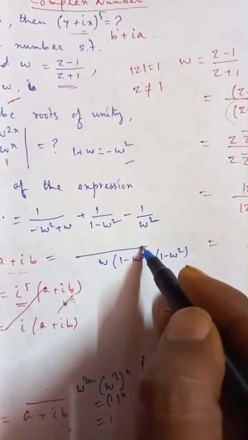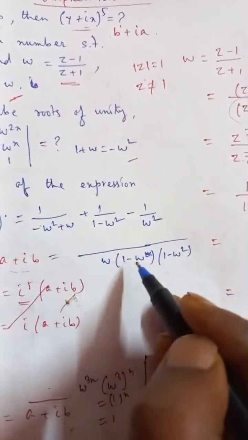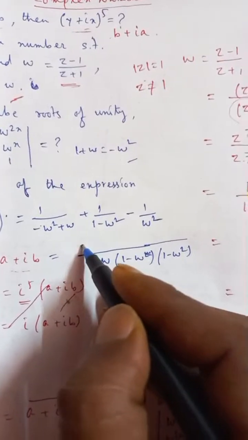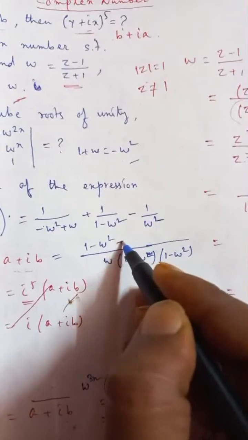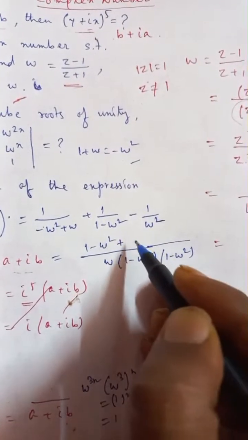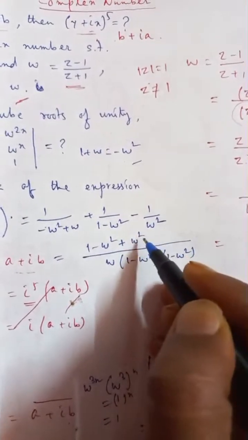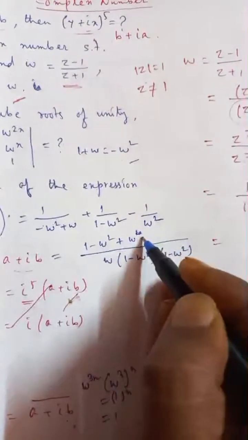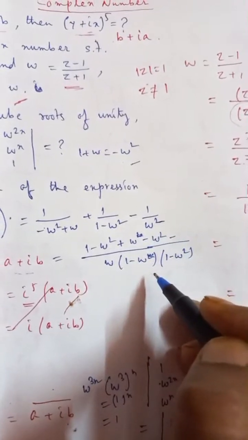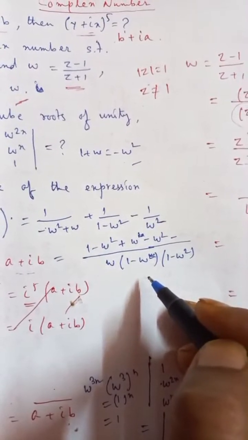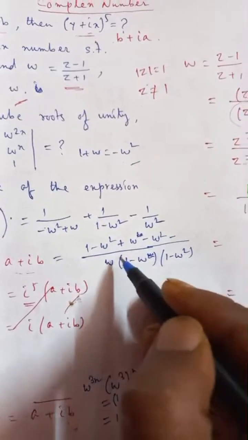This is the LCM. So if we take it, we will have 1 minus omega square plus omega square, omega minus omega square, minus omega square.